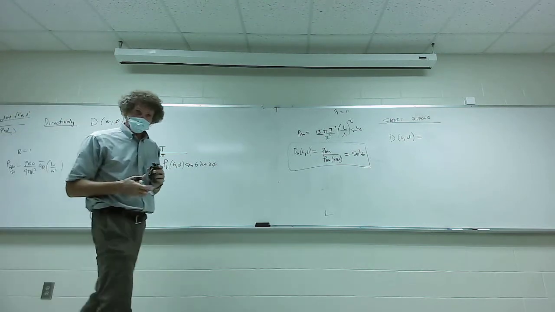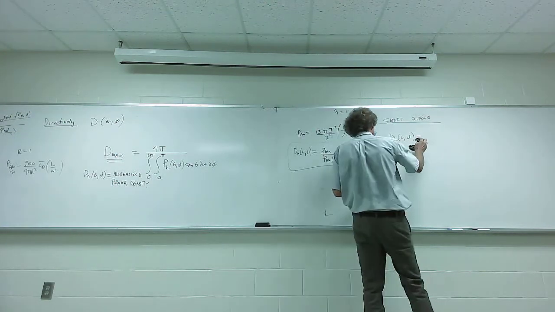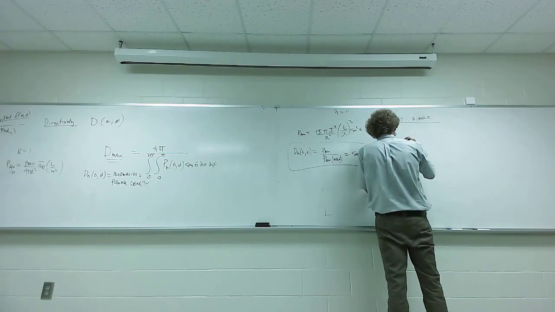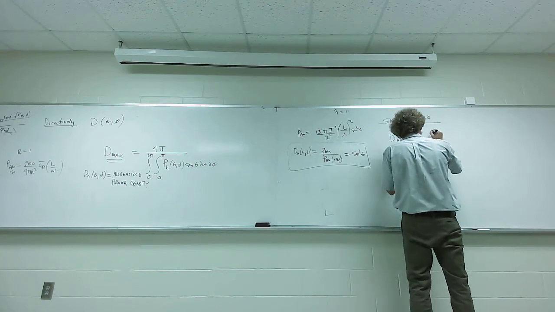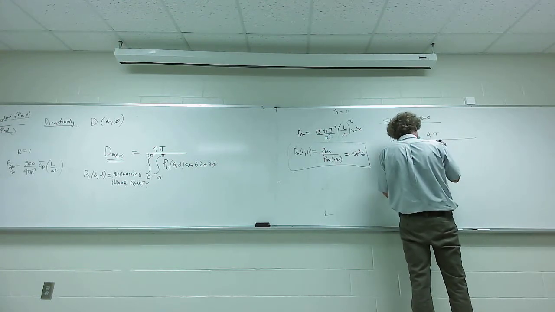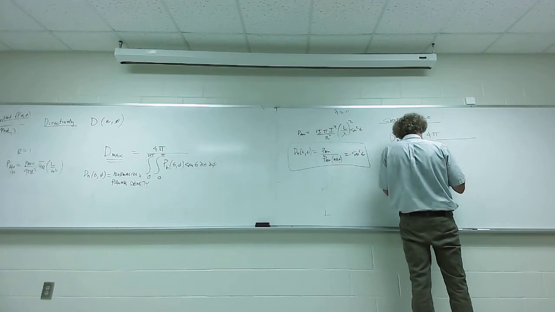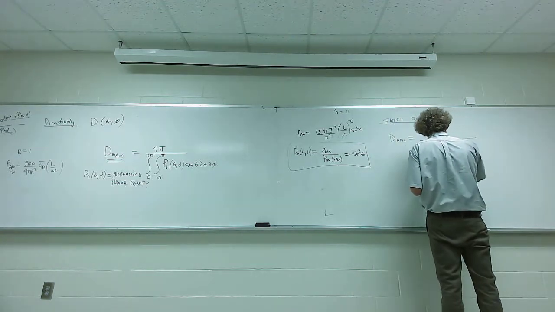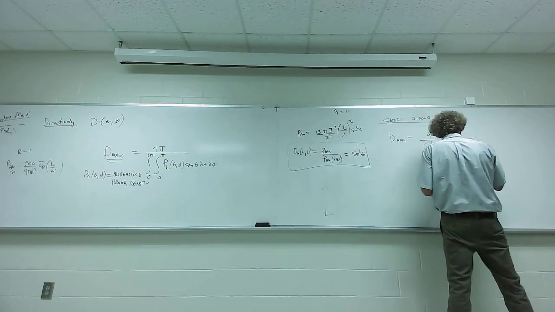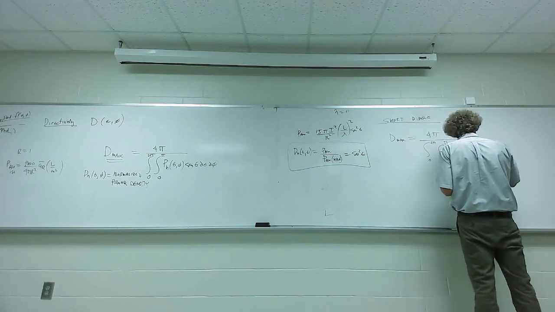I'll show you how to get the general angular value. So this is D max, and that's equal to 4 pi divided by the integral from 0 to 2 pi, the integral from 0 to pi of sine squared of theta times the sine of theta d theta d phi.